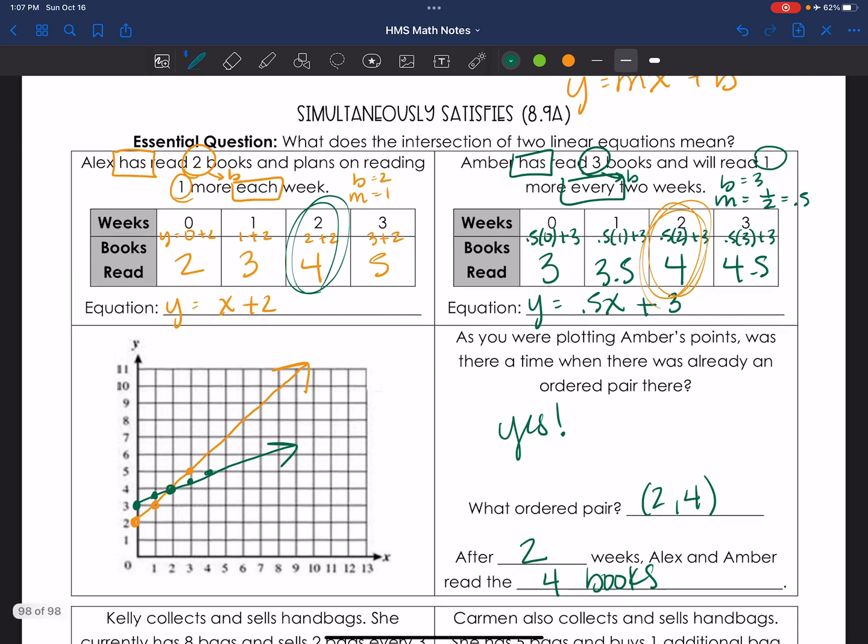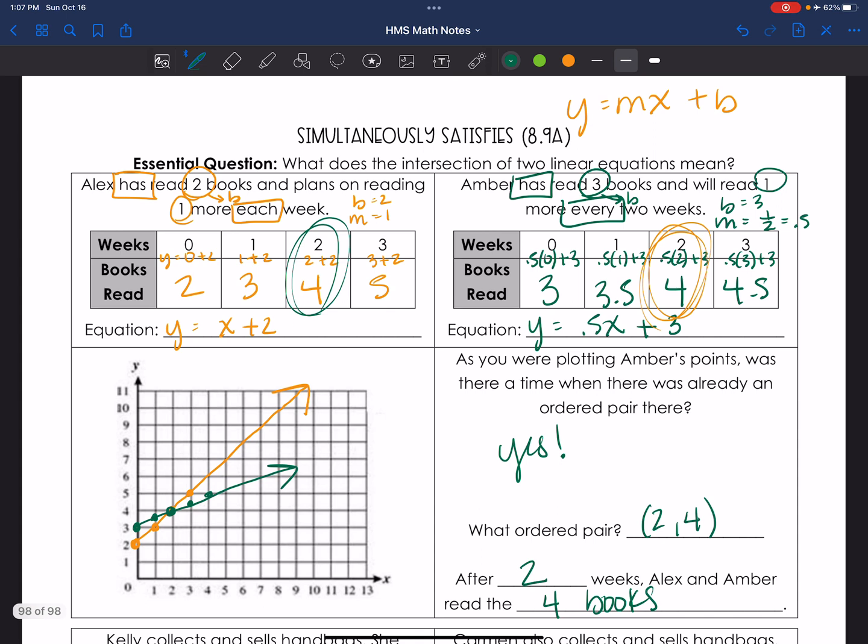Okay, the whole point of simultaneously satisfies is we're trying to see what point satisfies both equations. Meaning, if I substitute in 2, 4, so 4 is y, x is 2, 2 plus 2 does equal 4. Same thing here.